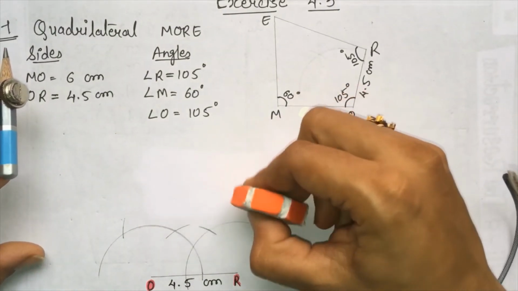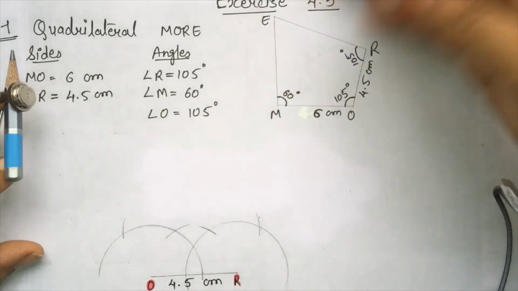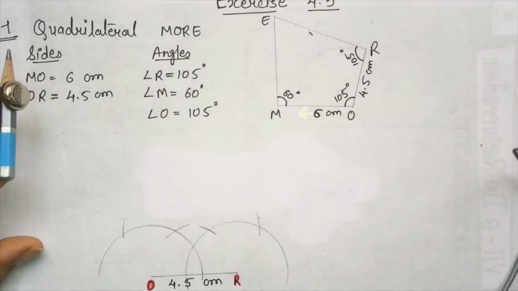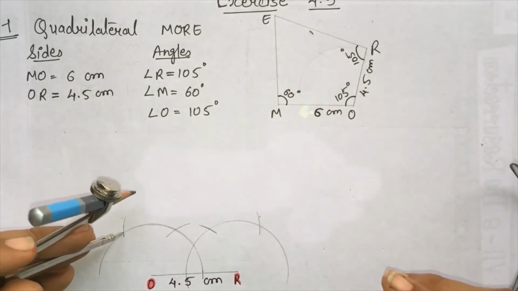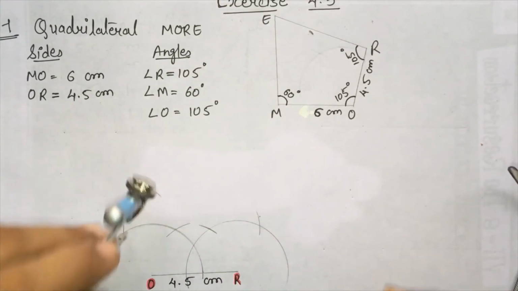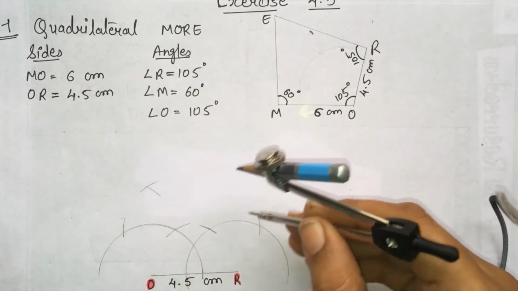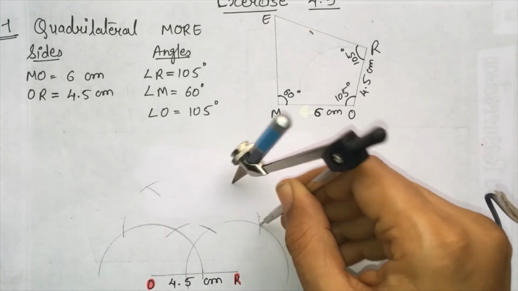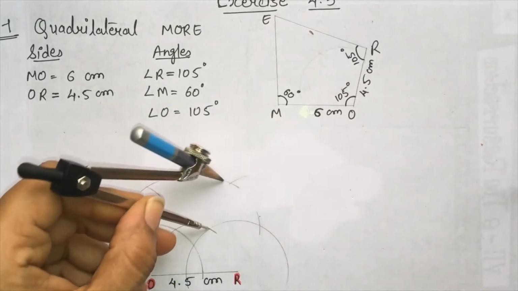Now for 105 degree, as I have shown you, we need to draw first 90 degree angle. So for 90 degree angle, the first arc, and from here the second arc, same way here 1 and 2.